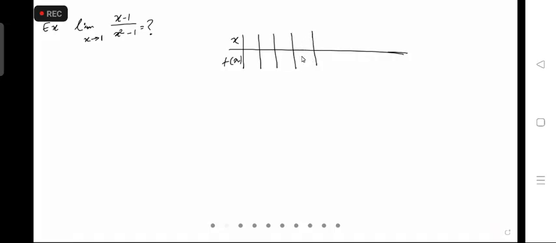This is the point, but we have to find the value. Then 3 points from the right hand end. Okay, I will start from point 1, then point 0.9, point 0.99, point 0.999.